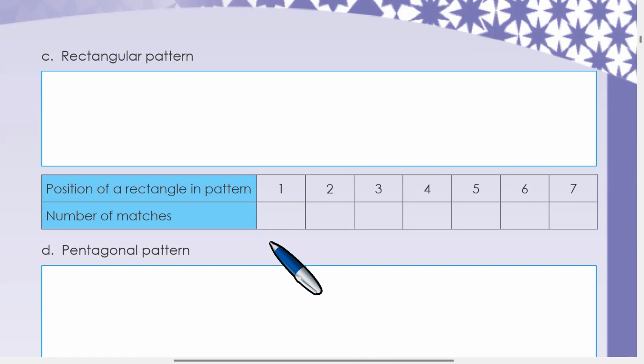Let's look very carefully and think very carefully about the rectangular pattern and the matchsticks.